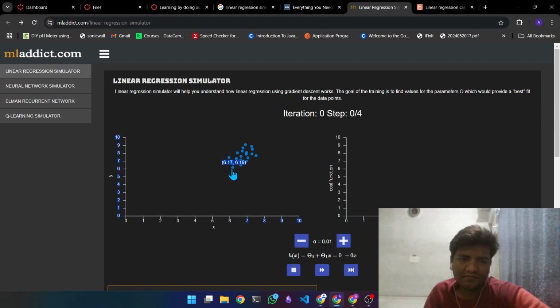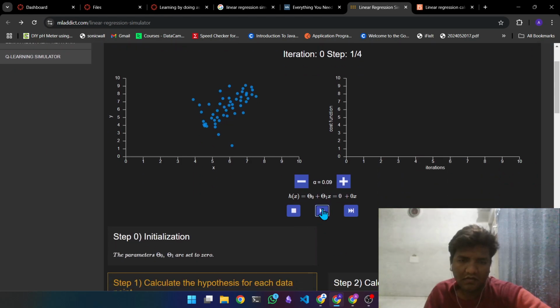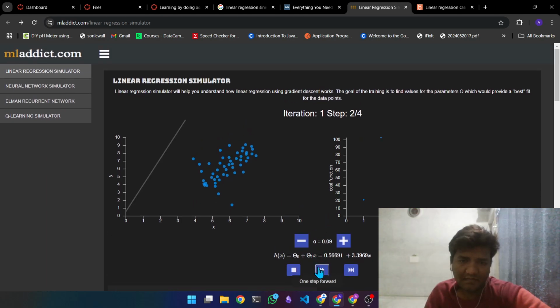This time we will use, let's go, we will use theta to be... what would this do? Maybe we may deviate. See, we are deviating.